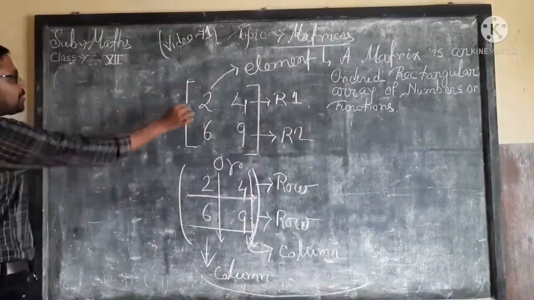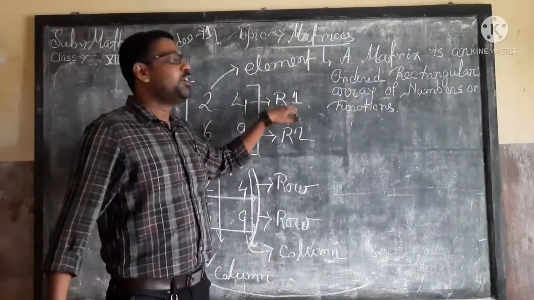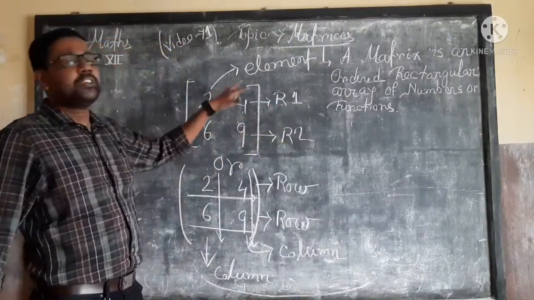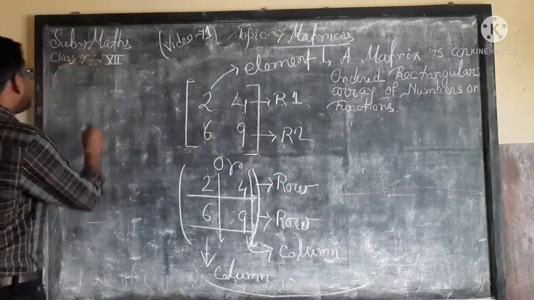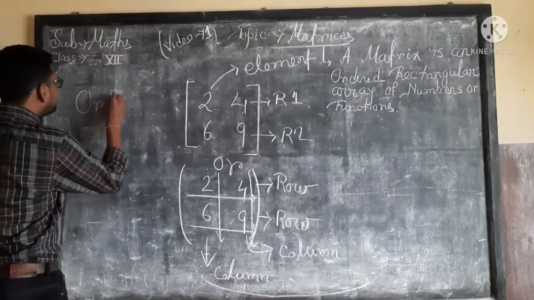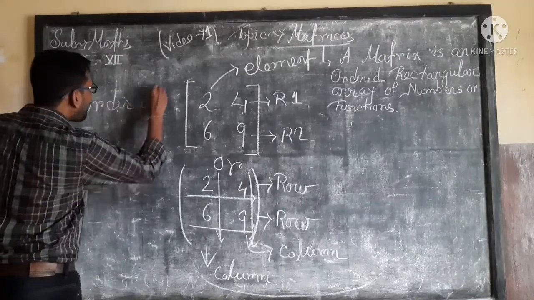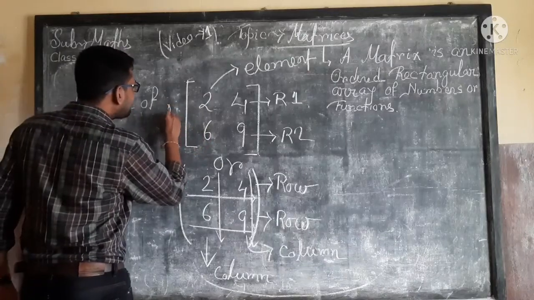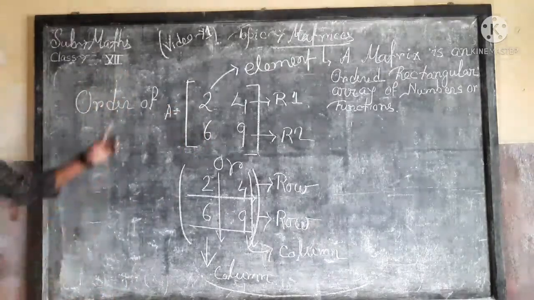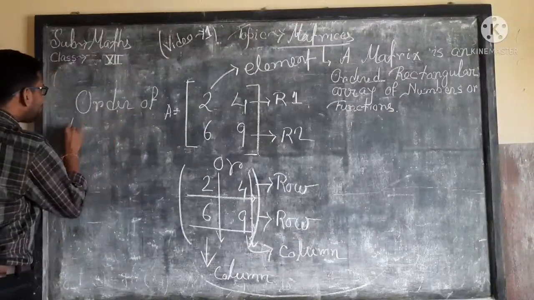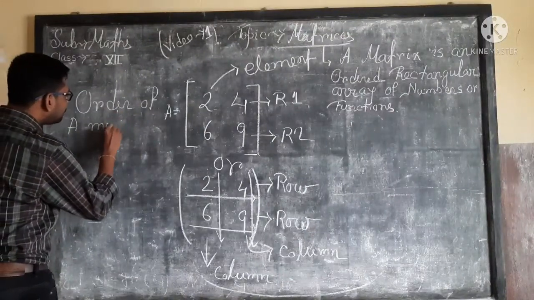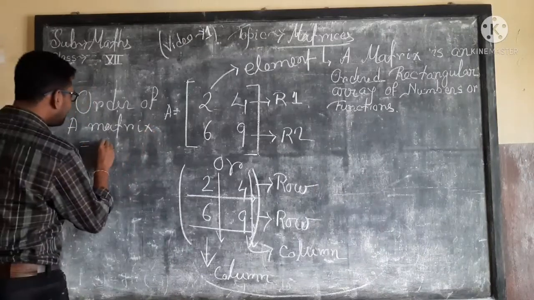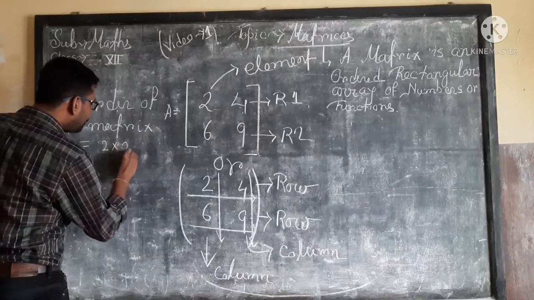So this matrix contains a total number of rows of 2 and a total number of columns of 2. That means the order of this matrix, and any matrix is represented by capital letters. Suppose this is the A matrix, and the order of the A matrix is equal to 2 into 2.